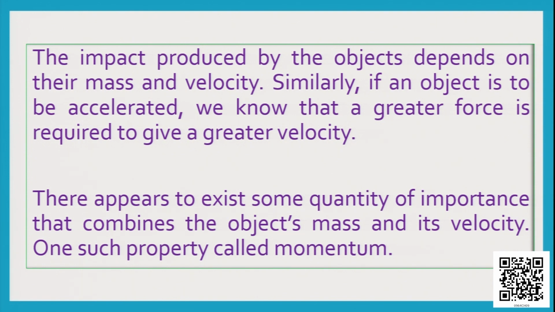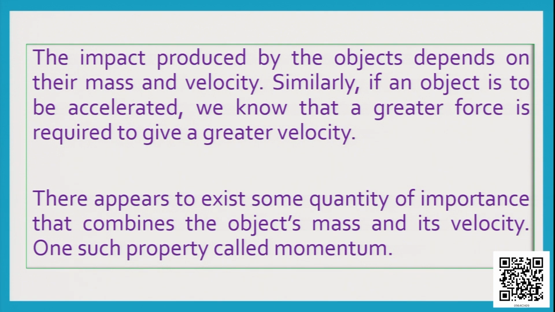Similarly, if an object is to be accelerated, we know that a greater force is required to give a greater velocity. That means if you want to accelerate a truck and if you want to accelerate a car, in both cases force is required, but a greater force will be required to accelerate a truck.